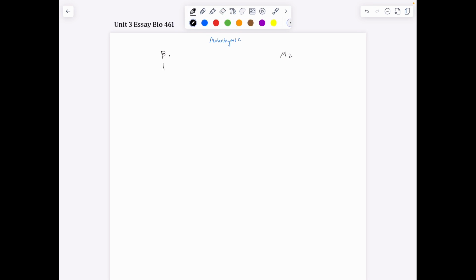And so with beta 1, we'll have an increase. With beta 1, we'll activate our alpha subunit, which will then increase cAMP, and then that will activate our HCN, and that will cause an increase in our heart rate.